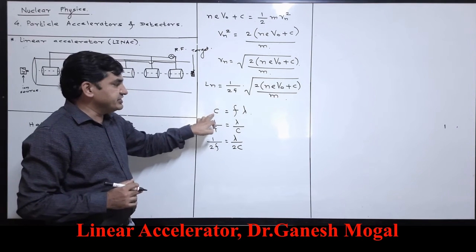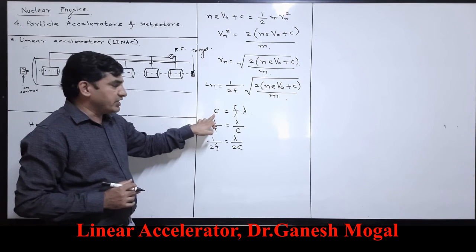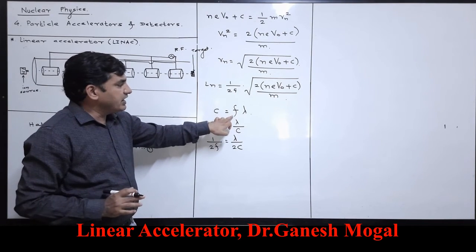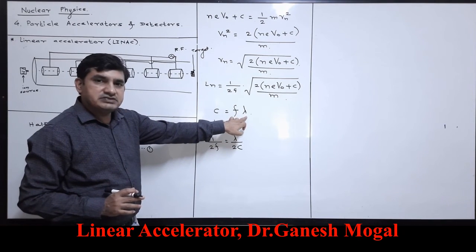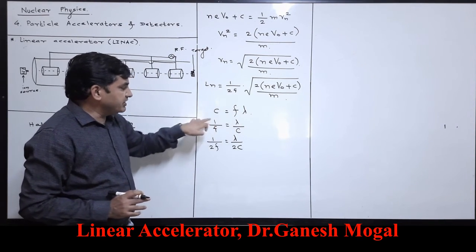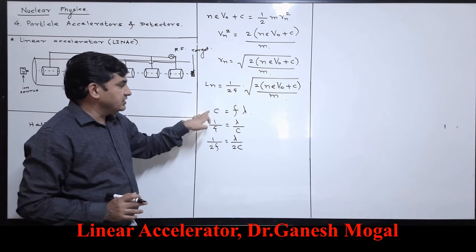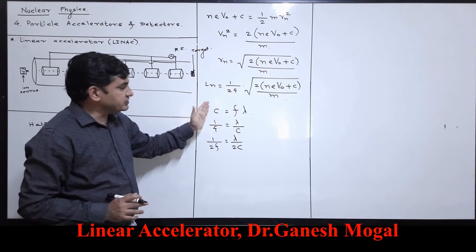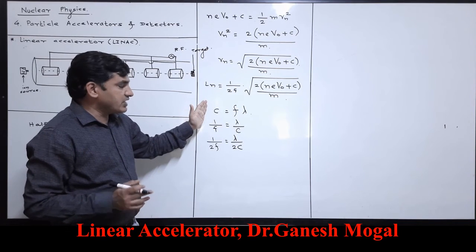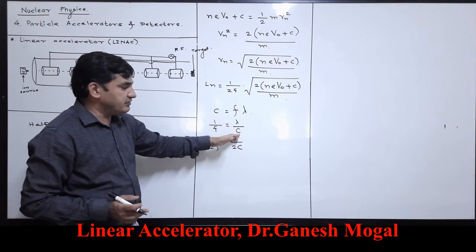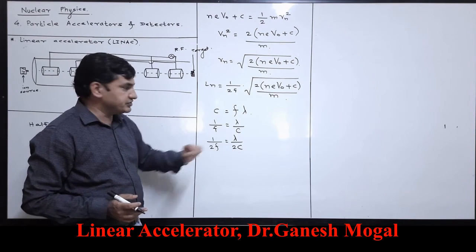We know that c is equal to f into lambda, where c is the velocity of light, f is the frequency and lambda is the wavelength. So this can be written as 1 upon f is equal to lambda upon c. Since c is multiplied on the LHS, when it goes to the RHS it is divided. So 1 upon 2f is equal to lambda upon twice c.